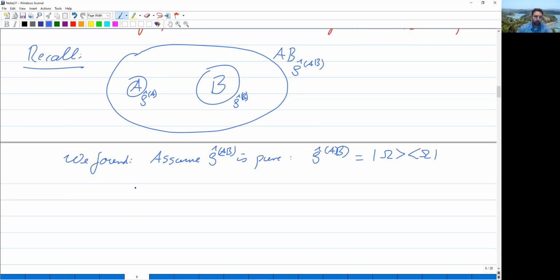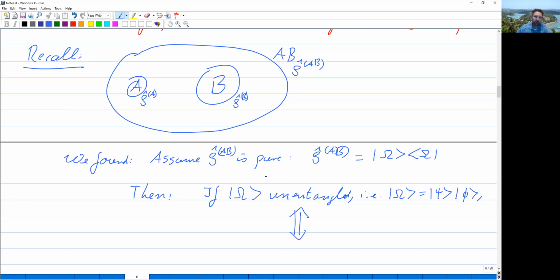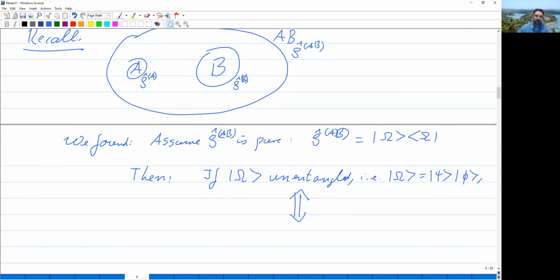Well, then our finding was this: if omega is unentangled, i.e., omega is equal to some psi tensor some phi, then this implies and is implied by the following fact.